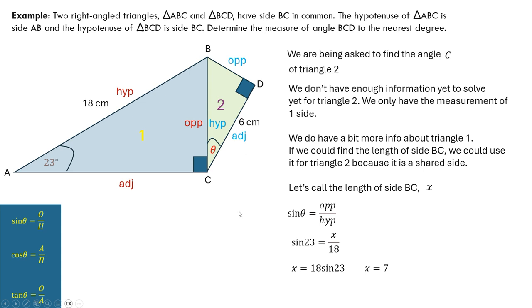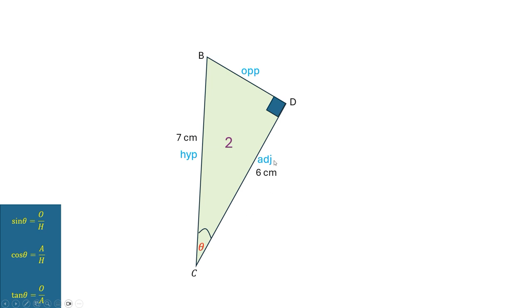So let's clean things up a bit. We'll just focus now on triangle 2. From our previous calculations, we've discovered that this side is now 7, this side is 6. We now have enough information to figure out what this angle is right here.